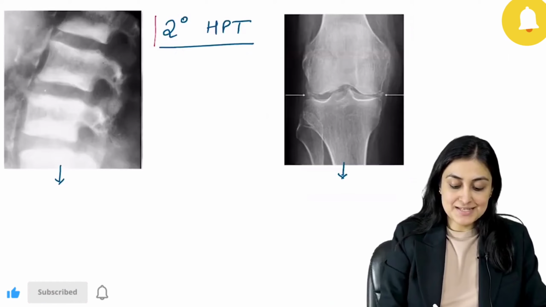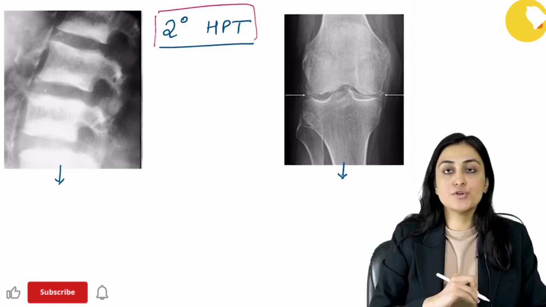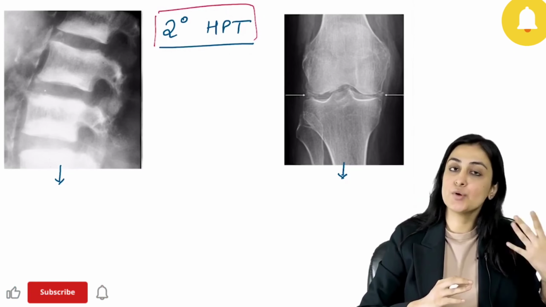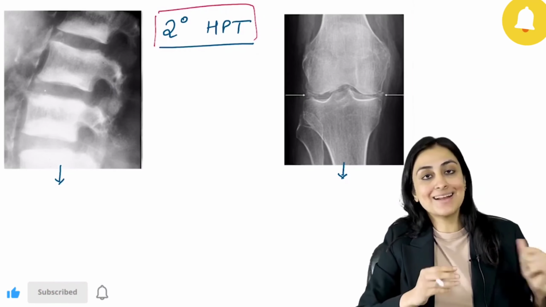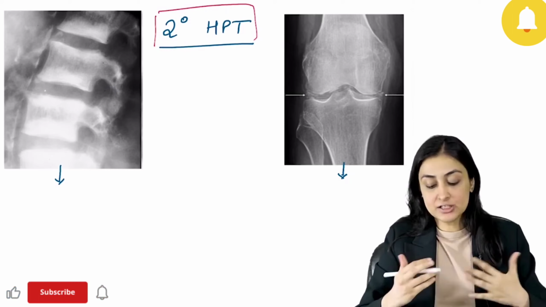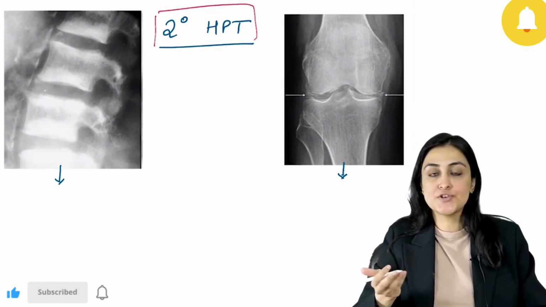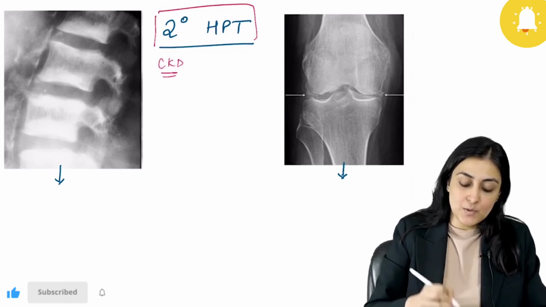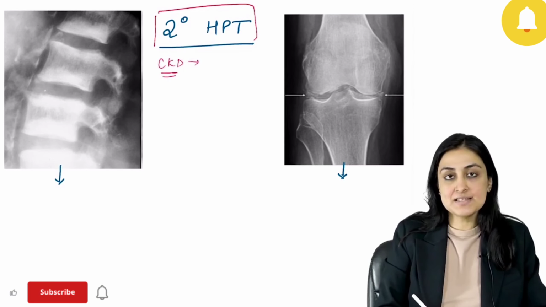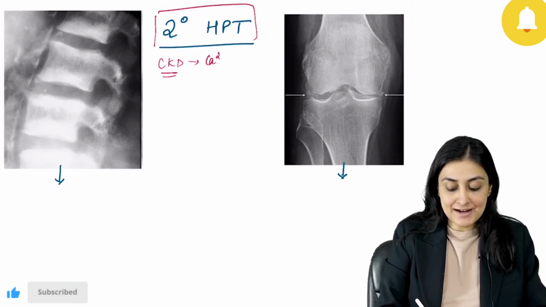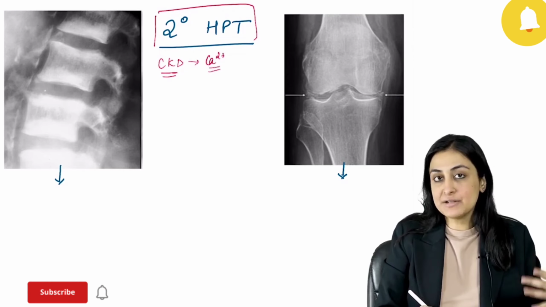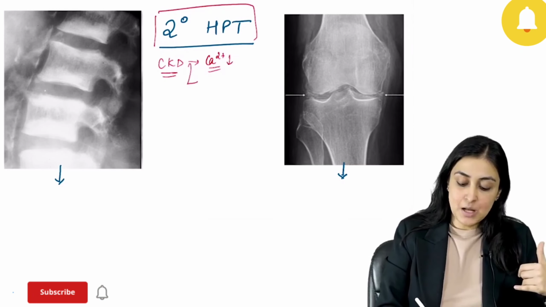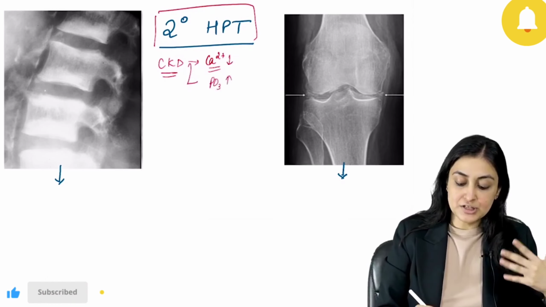Going ahead, what about secondary hyperparathyroidism? All of these were features more commonly associated with primary hyperparathyroidism, which is related to a parathyroid adenoma. In turn, when you have secondary hyperparathyroidism, as a result of chronic kidney disease, the kidneys are unable to produce active vitamin D because of the 1-alpha hydroxylase enzyme being deficient, so there's going to be a hypocalcemic state, plus the phosphorus levels are going to increase.